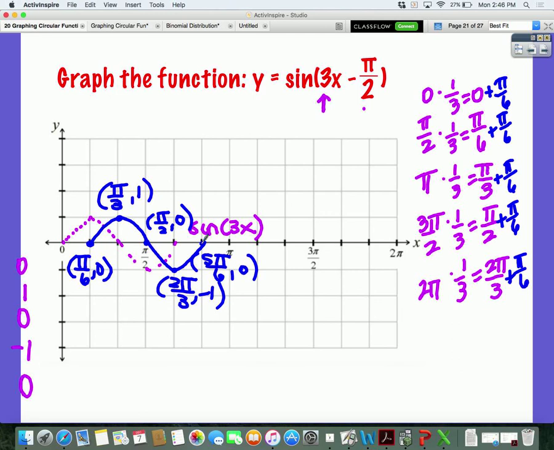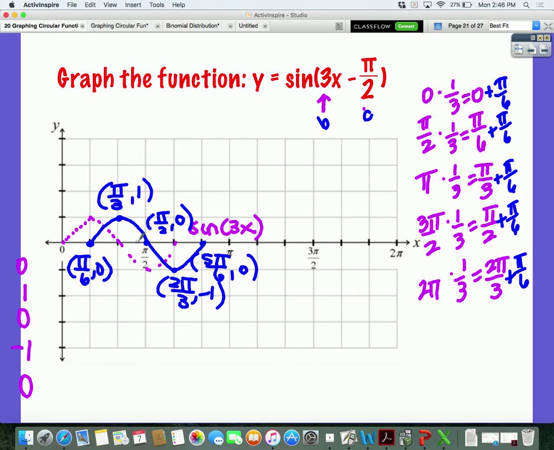Okay. Well, if we look at 0, if we change the period, 0 is going to stay where it is. But to fully shift it with this combination of b, negative c over b, it will be pi over 2 divided by 3, which gives us pi over 6. And that's what we're adding to every single x value. Are you talking about where it is in relationship on my graph?